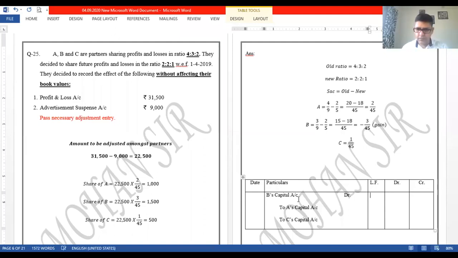B's capital account debited by rupees 1,500, A credit rupees 1,000, C credit rupees 500. So I think like I'm done with the sum.